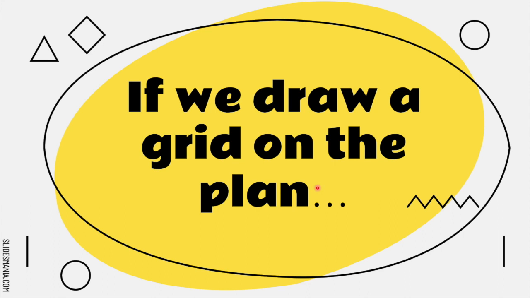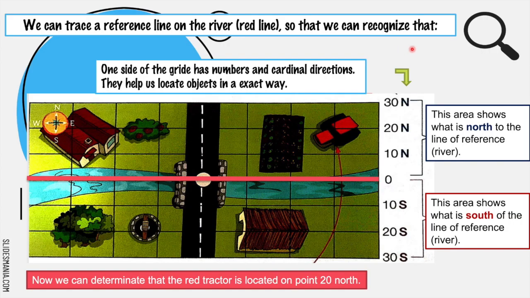If we draw a grid on the plan, remember, grid, this set of lines of little squares, this is how it's going to look. We have the plan again, we have the bridge, and look, we have another point of reference. Now our reference is going to be the river.